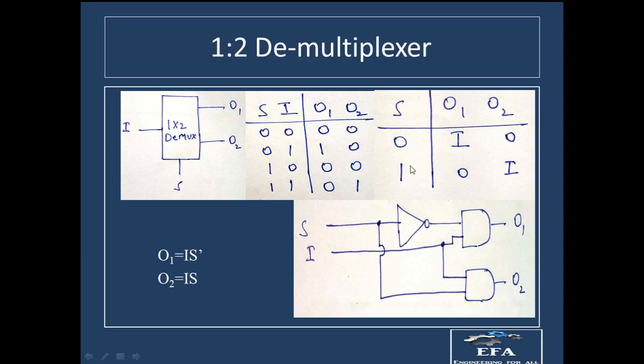If s is equal to 1, then we put I in place of O2. The rest two positions will be equal to 0 in both cases.